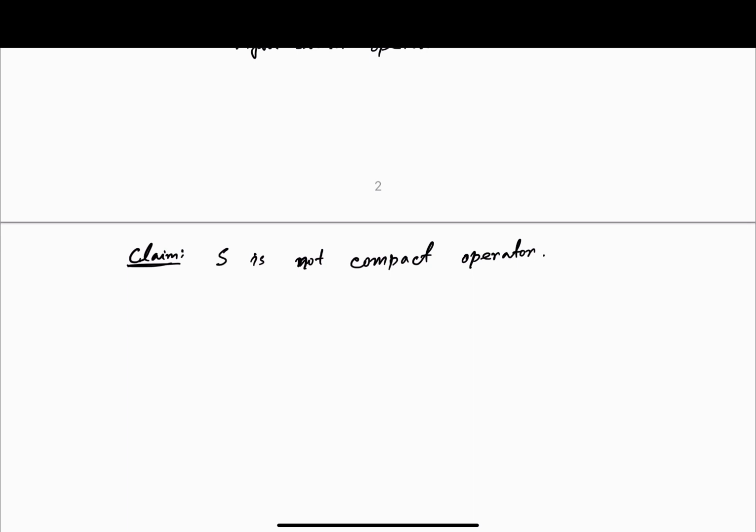What will be the choice of our bounded sequence? Let's take the sequence to be en.